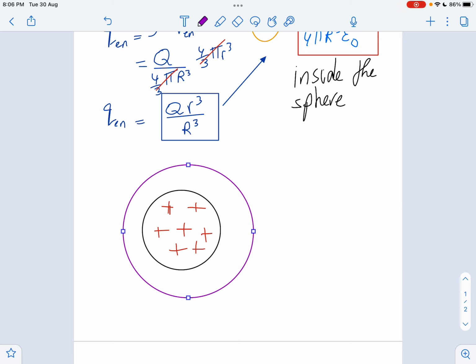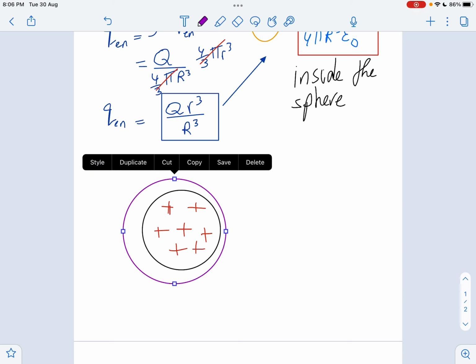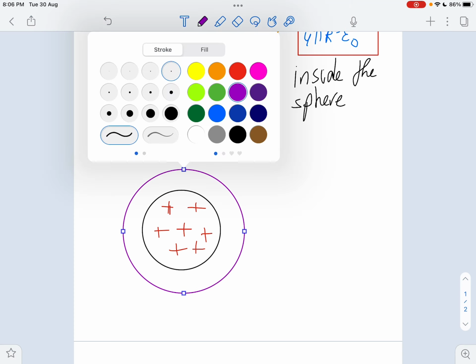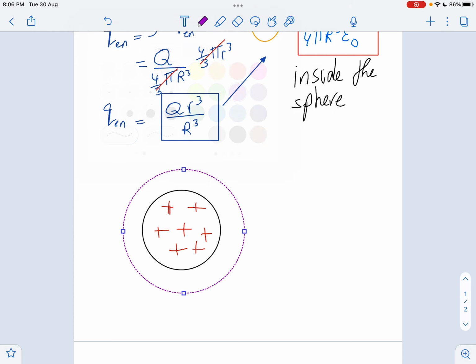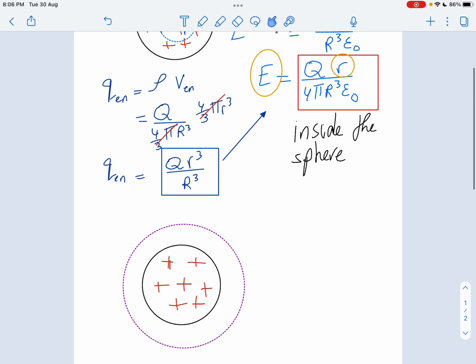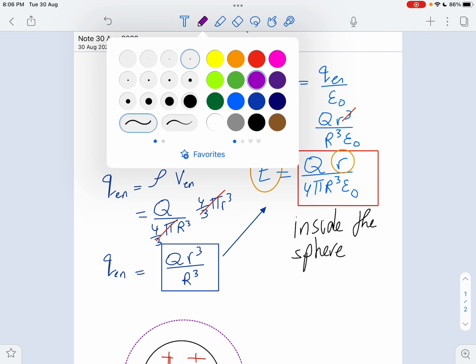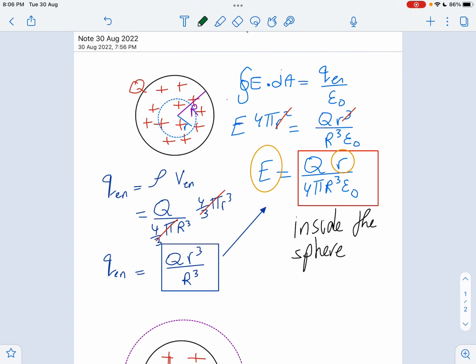We take a spherical Gaussian surface outside the insulating sphere, and we find the magnitude of the electric field. And by the way, the direction of this electric field is going to be radially outward. Inside the sphere, it is directed radially outward, so it looks something like that.